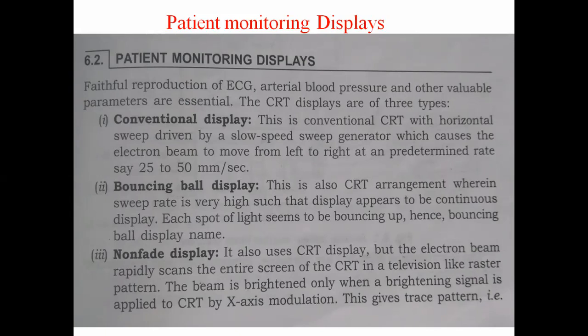Like that, from ECG and EEG instruments we get the output, and those waveforms we have to display on the display devices, and that information should be monitored continuously. These waveforms should be a clear and faithful reproduction. The potential generated at the origin in the organ should be the same potential reflected in the display system.